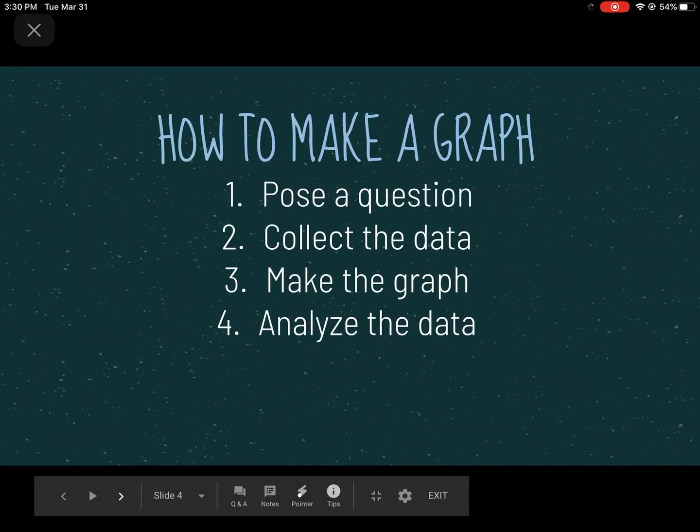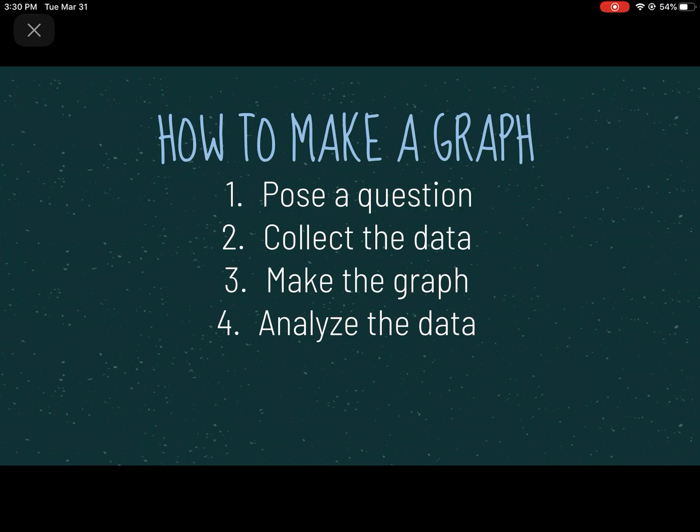So how to make a graph? Every graph starts with either a question or some kind of criteria to collecting the data. For example, you could go around your classroom and see what color people's eyes are. So our question would be, what color are your eyes?